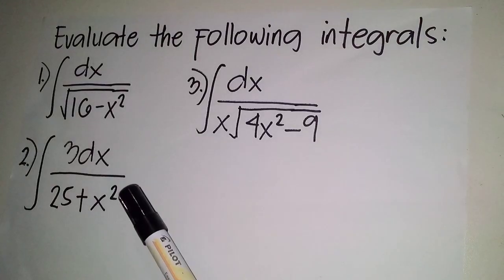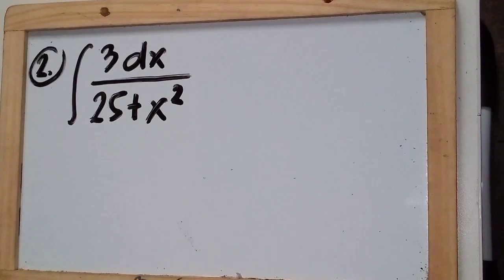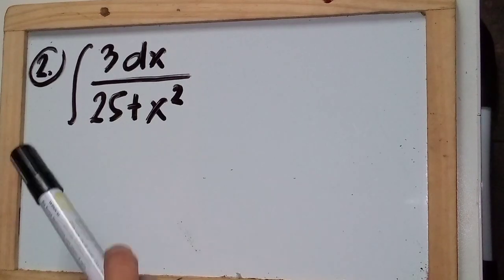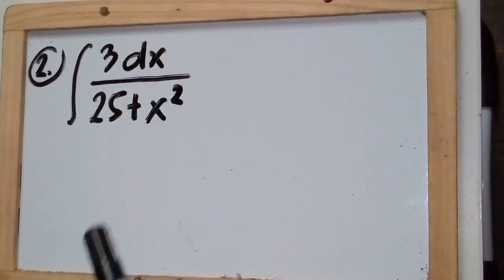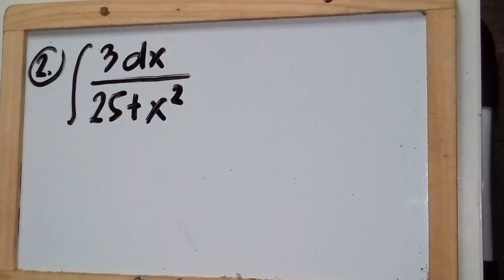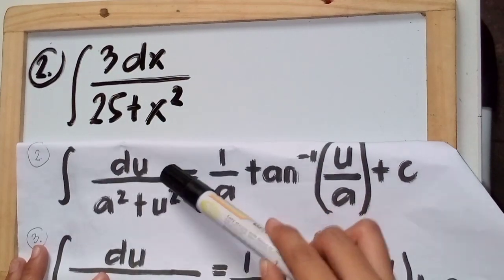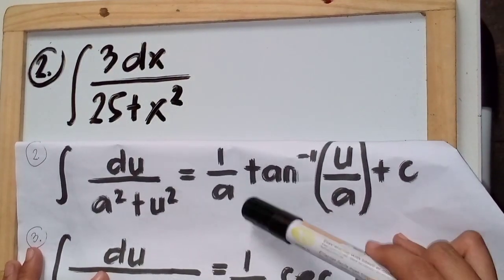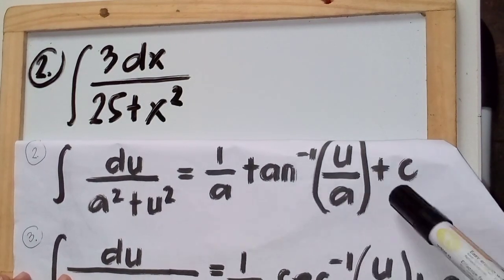And now let's work on the second equation. In our second equation, we have the integral of 3 dx over 25 plus x squared. Since it has an addition here, the formula that we are going to use is the second formula: the integral of du over a squared plus u squared is equal to 1 over a arctan of u over a plus c.